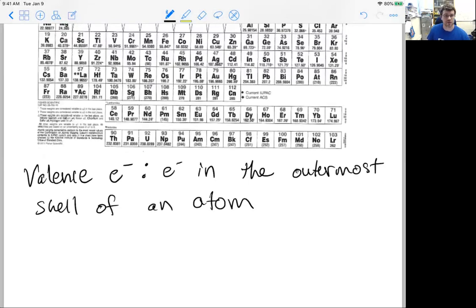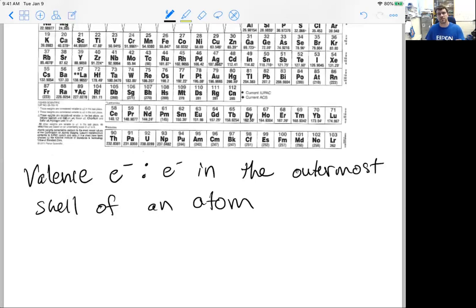Kind of an interesting definition. What is the outermost shell of an atom? Can't all atoms have at least 4 shells? That's what we've talked about, maybe more shells, depending on the number of electrons. We could exceed 32 plus 18 plus 8 plus 2, right? So can't we get into a 5th, 6th, maybe even a 7th shell?